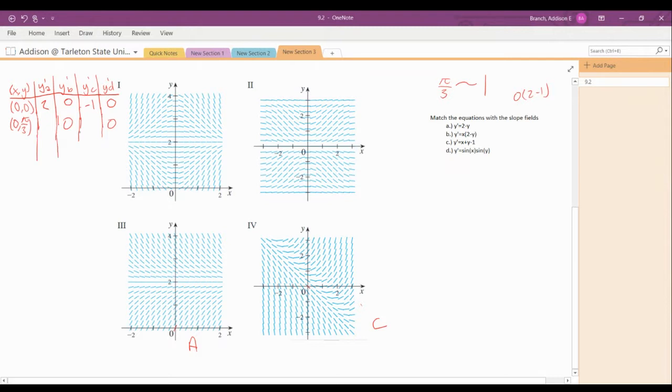Let's try pi over 3, pi over 3. Actually, you know what? Let's do pi over 6. That one's going to be a little easier to work with, I think. Let's try pi over 6, pi over 6. So we're going to approximate pi over 6 to be 1/2.